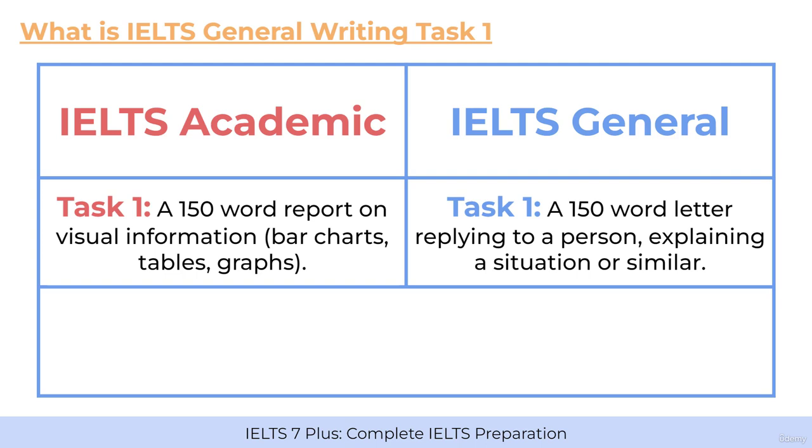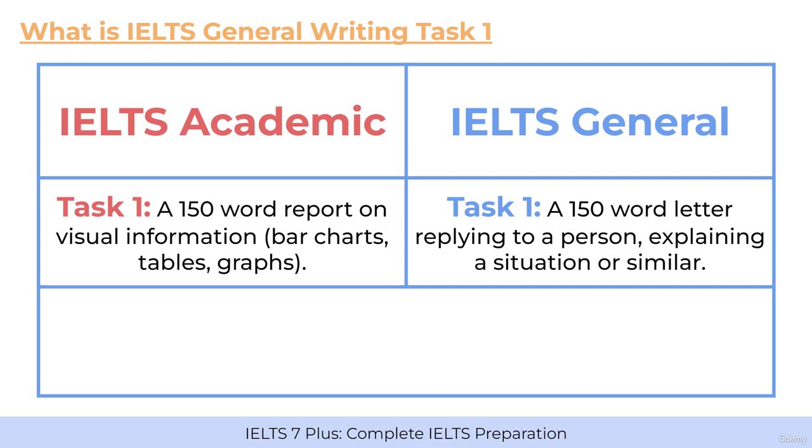So IELTS Academic Task 1 is a 150 words or more report on visual information. What visual information means is bar charts, tables, graphs, pie charts, all these kinds of things. It can even be diagrams or maps sometimes. But generally speaking, when we talk about IELTS Academic Task 1, we're talking about those bar charts, graphs, line graphs.